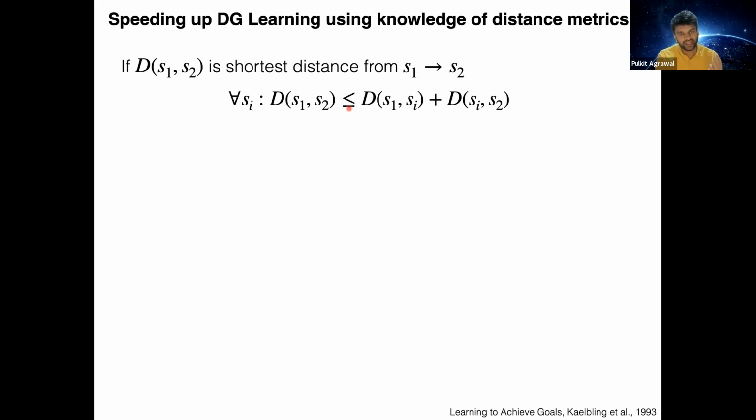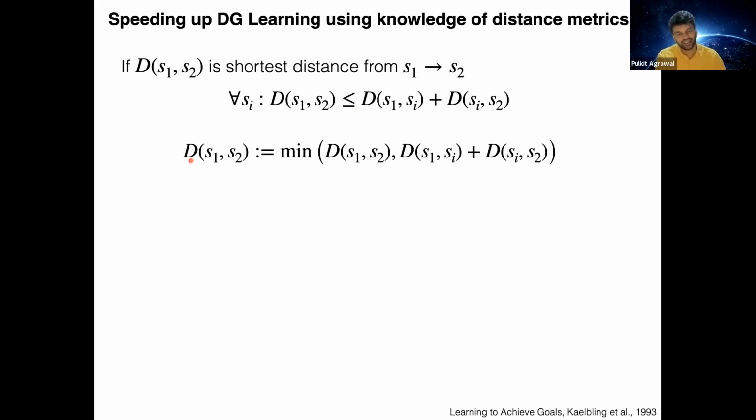Now, we can leverage this. While I'm estimating my value D, what could happen is that my current estimate makes me think it takes a lot more steps to go from S1 to S2 than it actually does. So for D(S1, S2), either I can keep the current value, or let me see if there's some other path I can find which takes a shorter number of steps to go from S1 to S2.